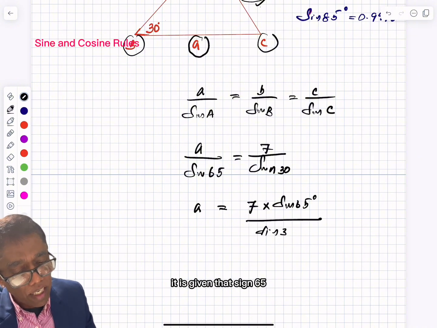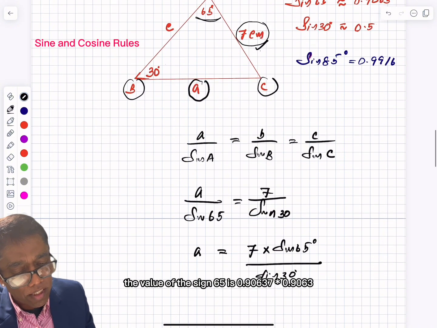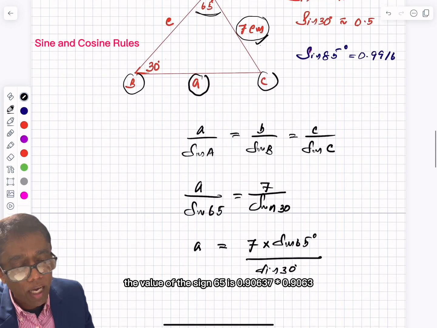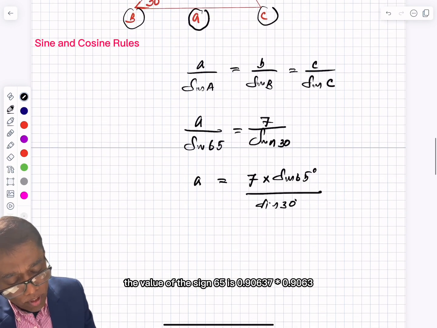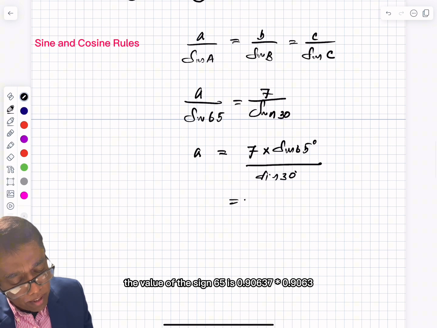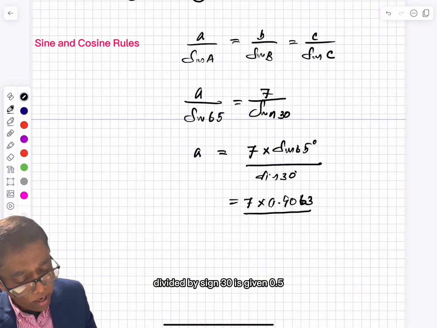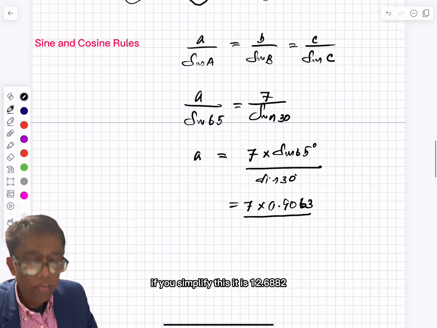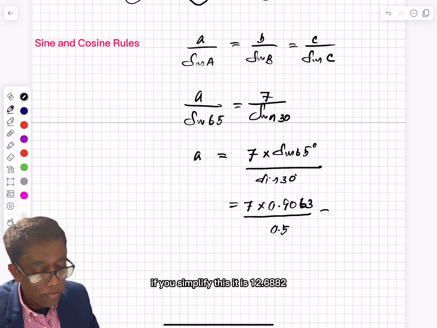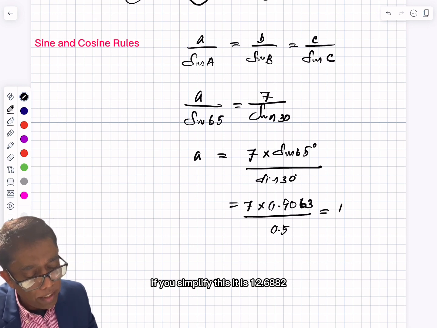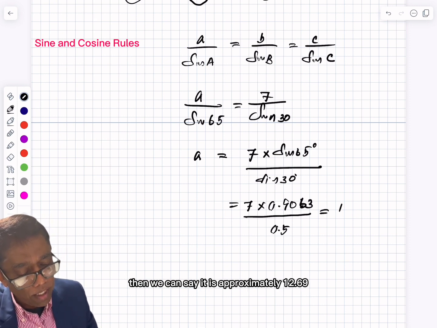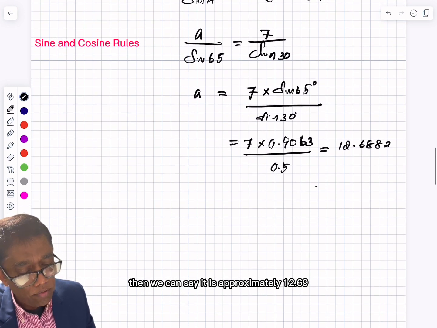The value of sine 65 is 0.9063. 7 times 0.9063 divided by sine 30, which is 0.5. If we simplify this, it is 12.6882, which is approximately 12.69.